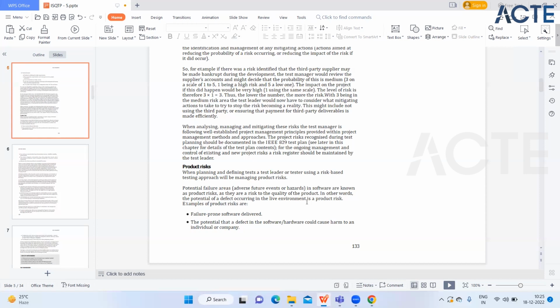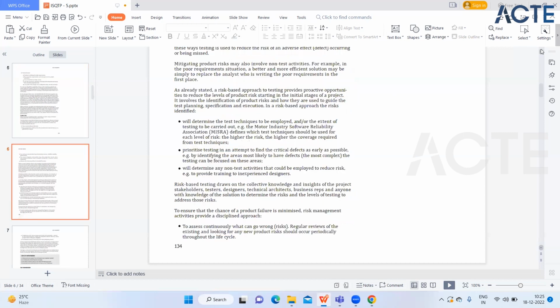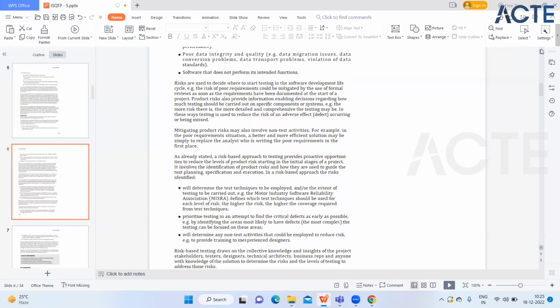So that when someone needs to check which operating system is supported by this application, it should be logged somewhere, so that you can provide the information. Now, what is the other example they are giving for product risk?